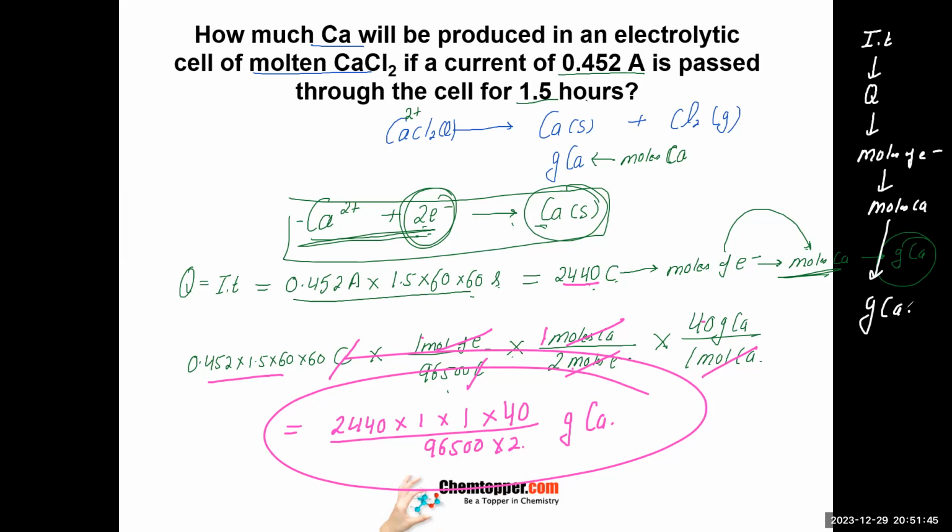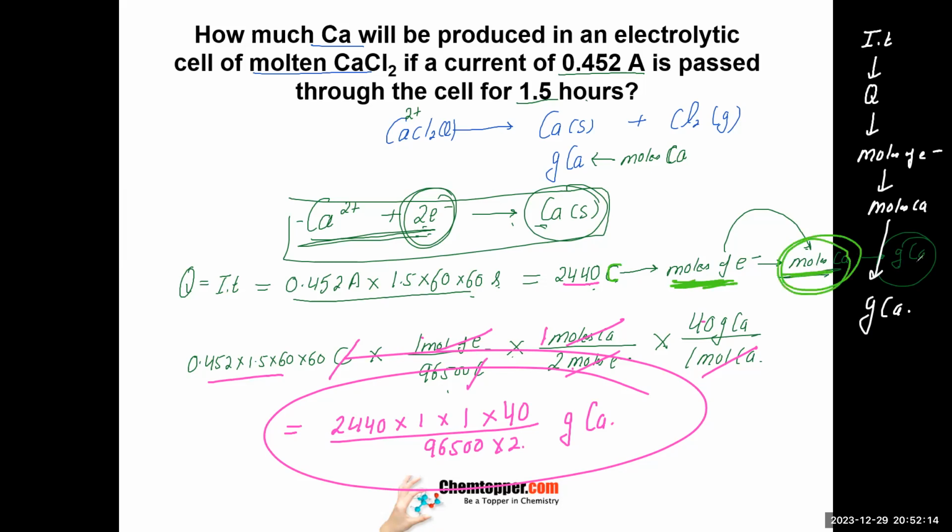Yes, Q is the charge, coulombs. So, yes, Atharva? I didn't take it in grams, I converted it into grams. Where did I take coulombs as grams? I converted coulombs into moles of electrons and then moles of electrons to moles of calcium.